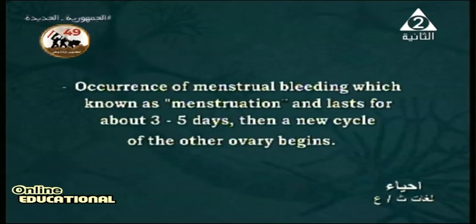Number two, occurrence of menstrual bleeding, known as menstruation, which lasts about 3 to 5 days. This takes 3 to 5 days to make the uterus clean from any blood and also from the ovum. Then a new cycle of the other ovary begins.